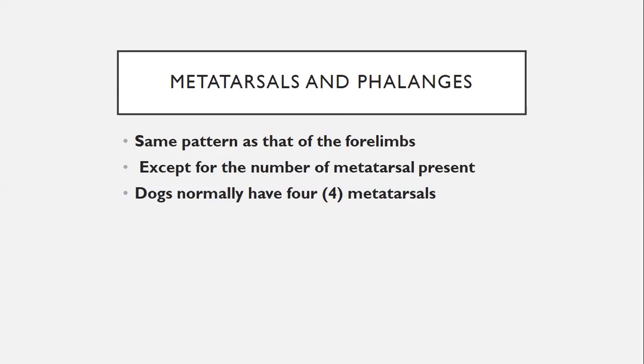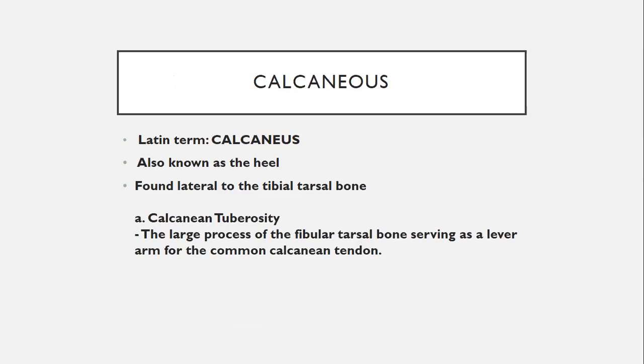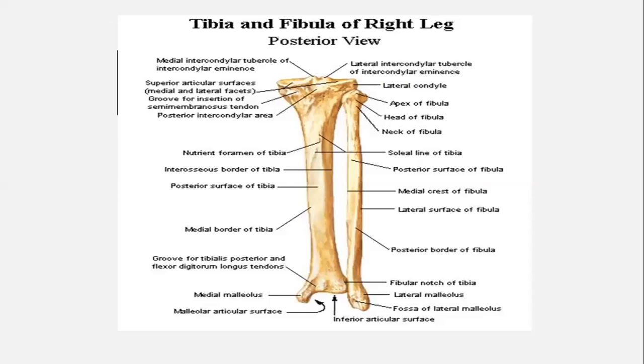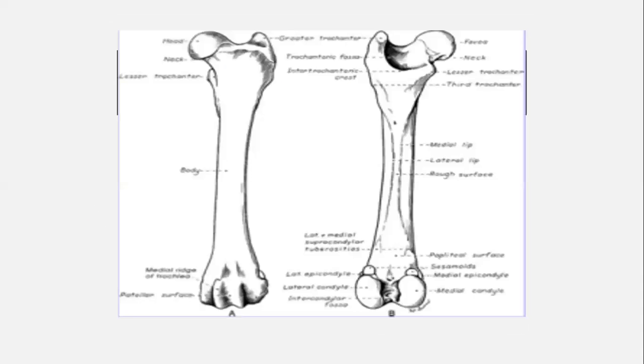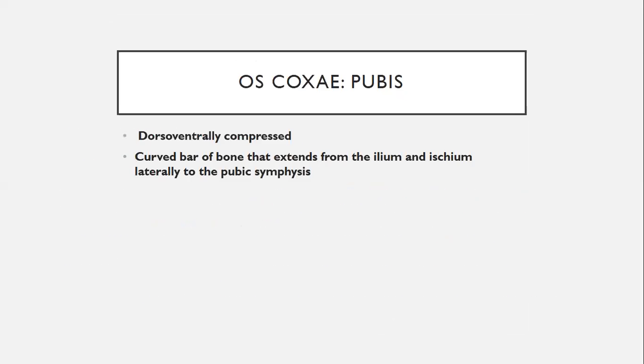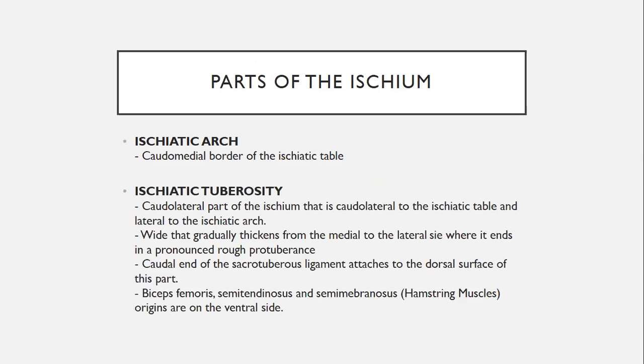And then for your clinical notes, we have hip dysplasia. Hip dysplasia is quite common among large breeds of dogs since these guys tend to grow faster. For a Labrador Retriever, a large breed of dog, they can have a growth rate of 2 to 3 kilos in 2 weeks.